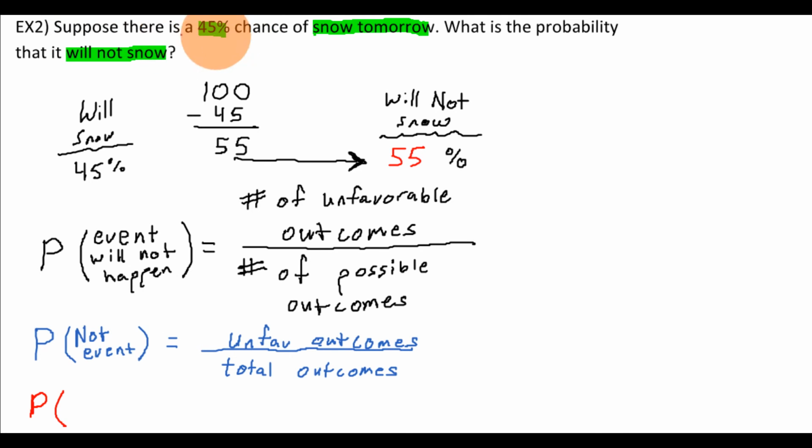Well, is it this 45% chance? No, 45% chance dealt with the probability of it actually snowing. That is the event will happen. So let's keep reading on. What is the probability that it will not snow? That's what we're looking for. So I'm going to plug in will not snow here. In fact, I could simplify that by just saying no snow. So no snow.